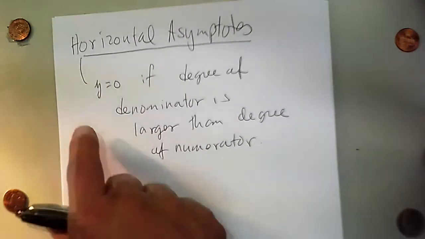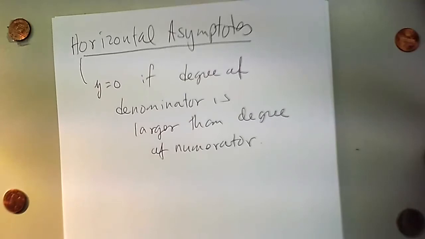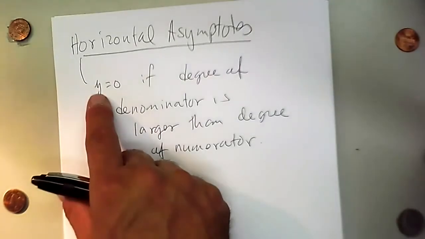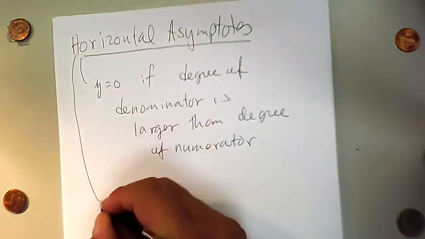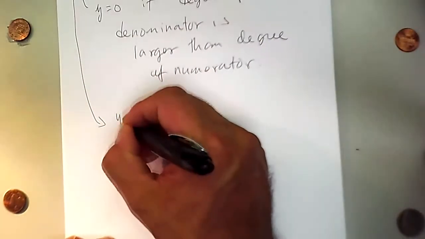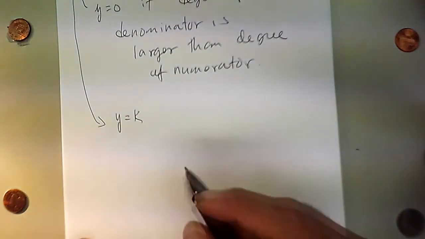If the degree of the denominator is equal to the degree of the numerator, then the horizontal asymptote is a constant. So we end up with y equals a constant. I'm going to use k for a constant, okay?